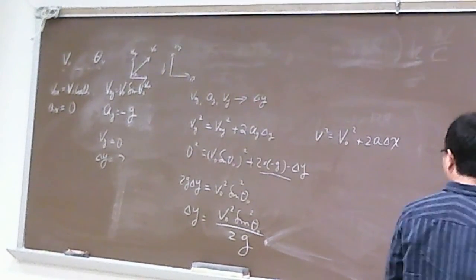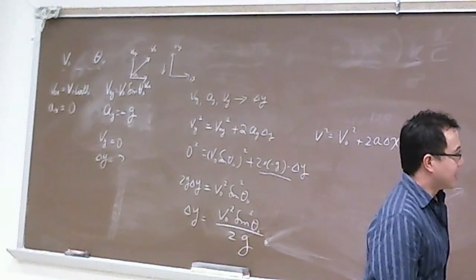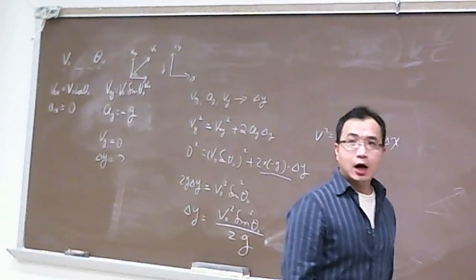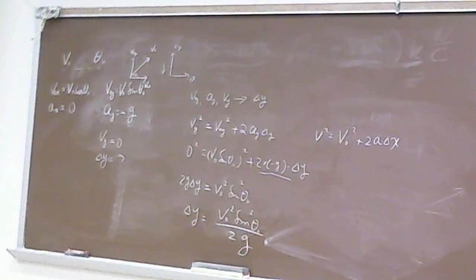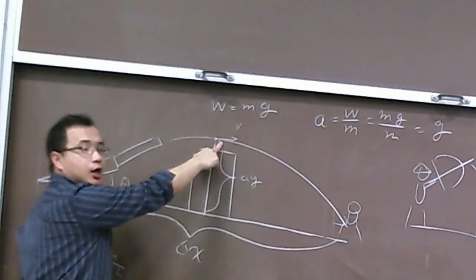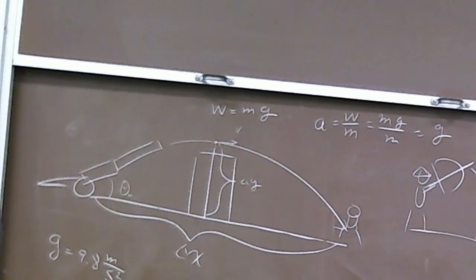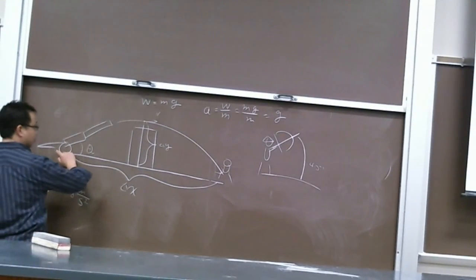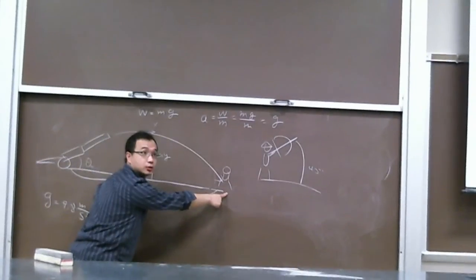If you want to finish the motion, please note that for this problem we are talking about final velocity. I'm thinking about the motion from the initial point, from here to here. Now, if we want to find the time for the ball in the air, we're talking about motion from here to here.